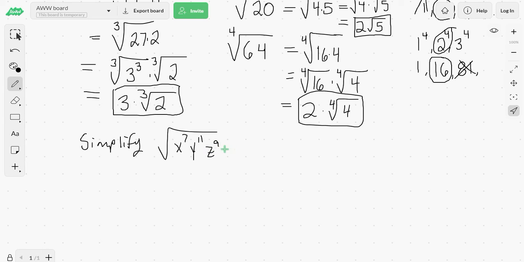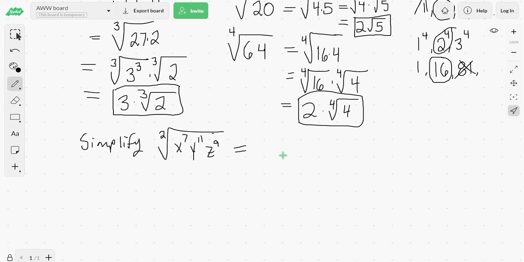So if we simplify that, we're taking the square root of each thing involved, right? So if we take the square root of x to the 7th, ultimately we're just seeing how many times does 2, our index, go into 7? Well, it doesn't go into it evenly, right? Because 7 is odd, 2 is even. But 2 goes into 7 3 times with a remainder of 1.